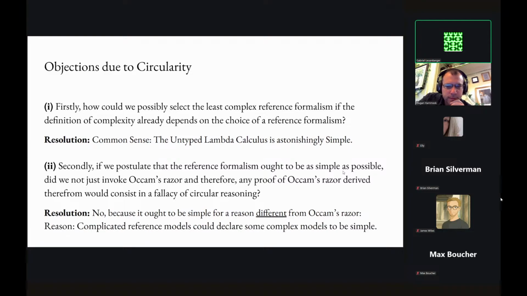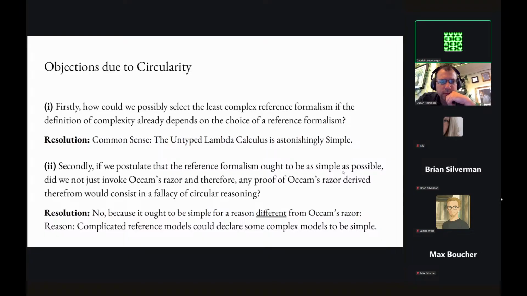If you would allow for complicated reference formalisms, you could abuse that to take some complex model and pretend it is simple. So for instance, if someone wants to claim that their model is simple, and we allow for complicated reference formalisms, they could just build in the subroutines necessary.